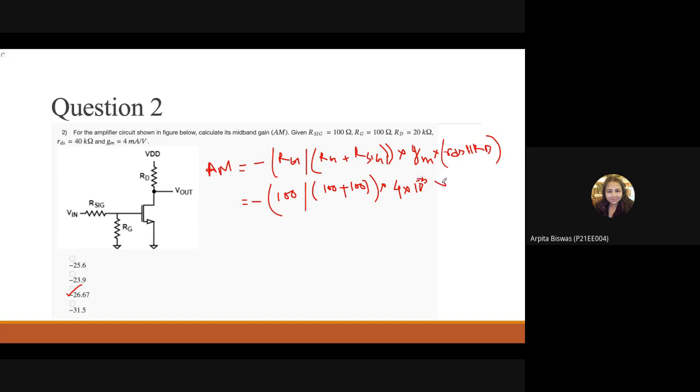Into, what is the value of this rds parallel to RD?